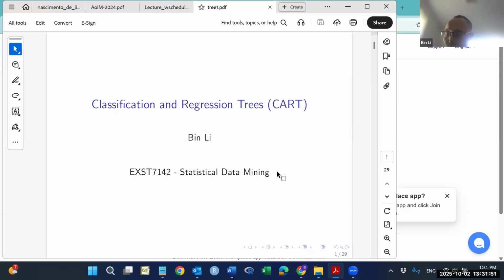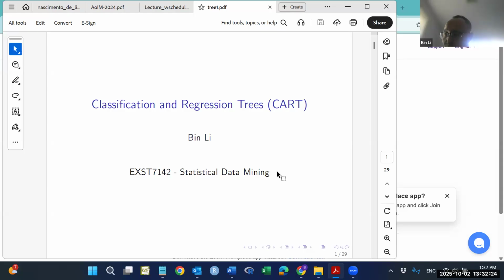If you have research data available, that's the best. Just work on your research data because you are very familiar with that, and it's easier for you to interpret and to get meaningful results. If you cannot find any research data from your study, you can download some publicly available data set.